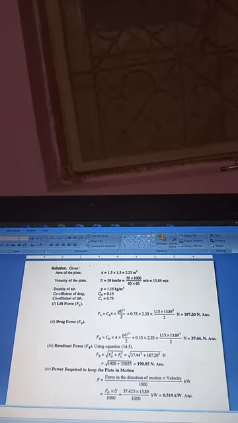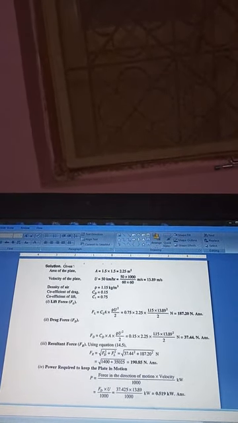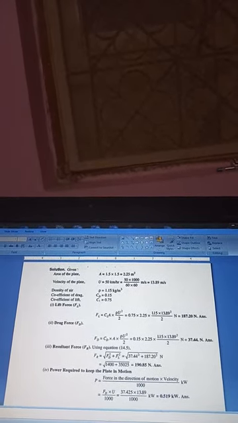In the solution, area is calculated as 2.25 meter square, velocity is coming as 13.89 meter per second, rho is 1.15 kilogram per meter cube, Cd is 0.15 and Cl is 0.75. Just use the formula for drag, Fd is equal to Cd into capital A into rho U square by 2, put in all the values and calculate. The drag force is coming as 37.44 and the lift force is coming as 187.20 Newton.